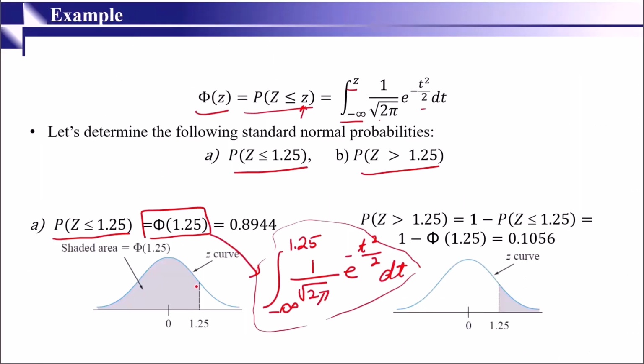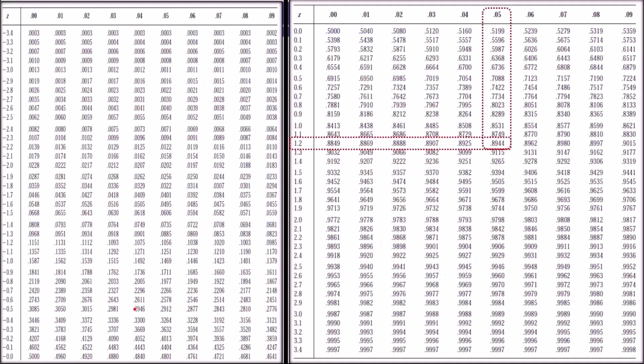This table provides the cumulative probability, or area under the curve to the left side. So if this point is 1.25, we can find the area here in this table, where mean is equal to 0 and standard deviation is 1 for the standard normal distribution. This table is organized with rows, and this is a portion of that table, from minus 3.4 to 3.4, for example.